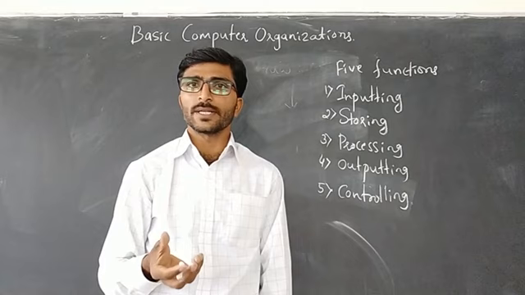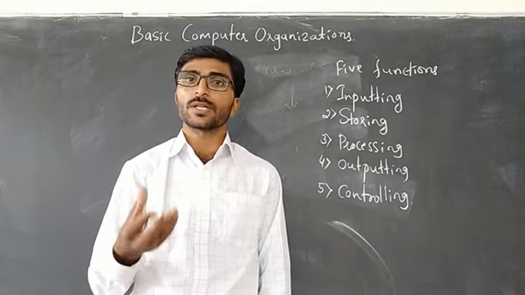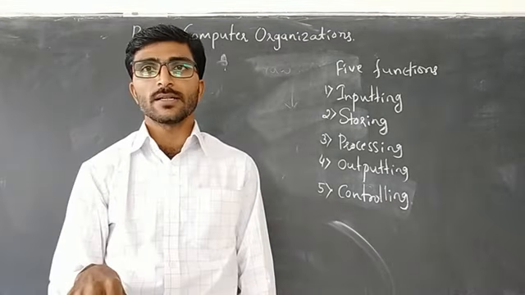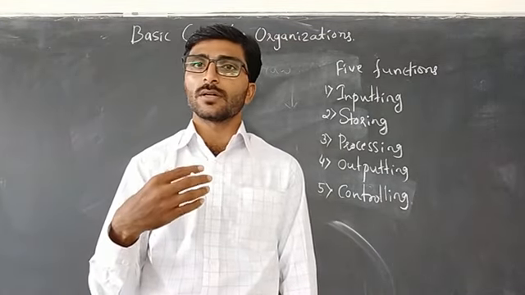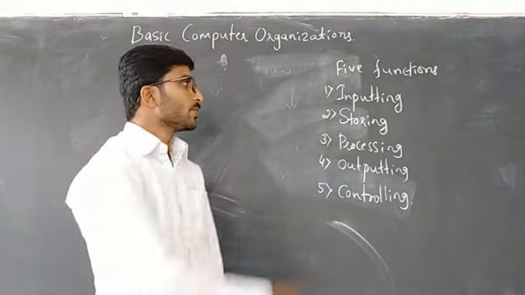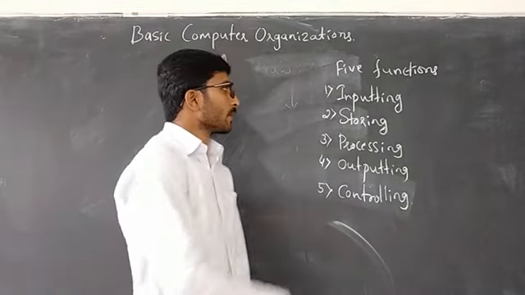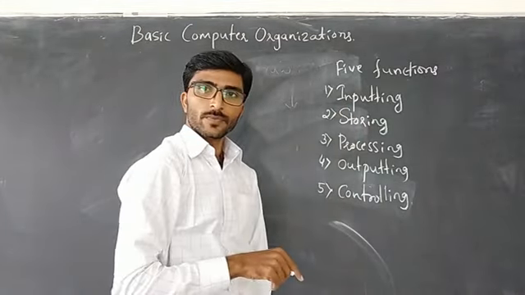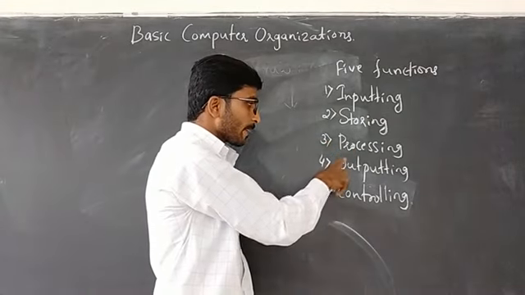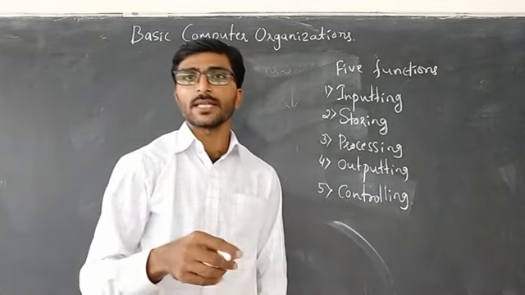The user gives input to the computer, then the computer performs some task on it and produces the output to the user. How is it produced? Using these five functions: inputting, storing, processing, outputting and controlling.